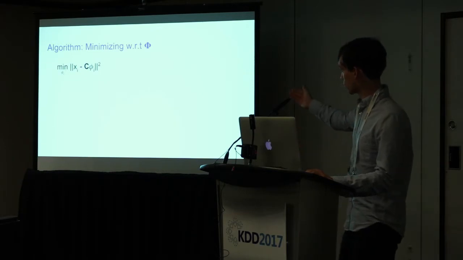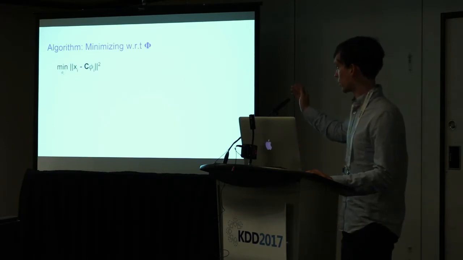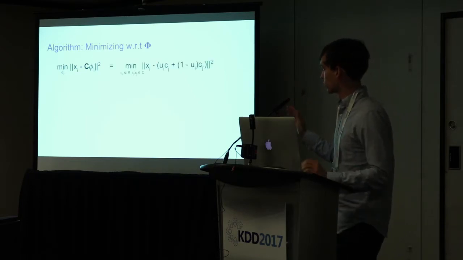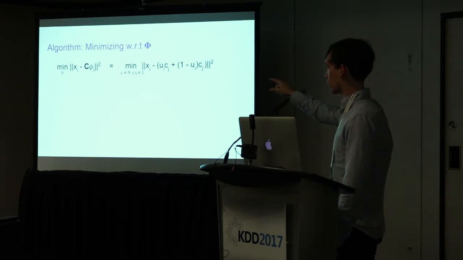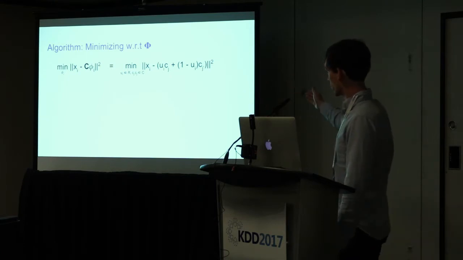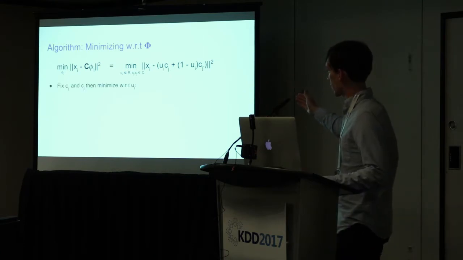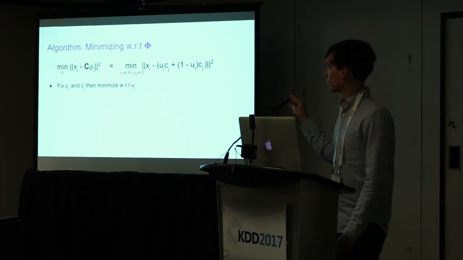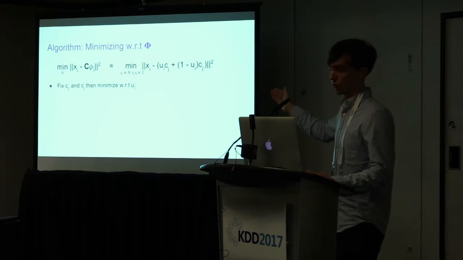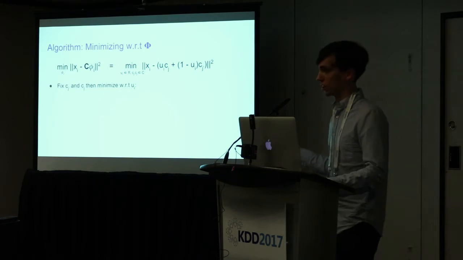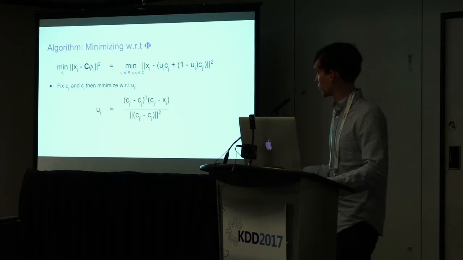Specifically, when minimizing with respect to phi, because of the added constraints, we substituted in the fact that our coefficient vector phi i only has 2 non-zero entries. We substituted this into the kMeans objective and then fixed these 2 representatives. Then we can find what ui is, the proportion parameter, by just taking the derivative, and there's only one critical point.